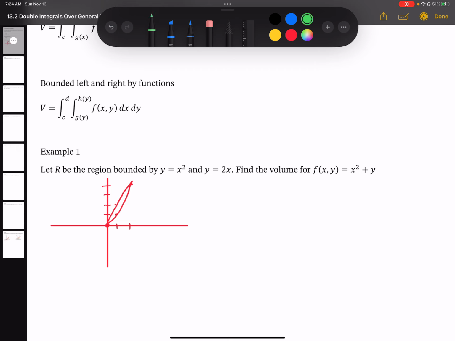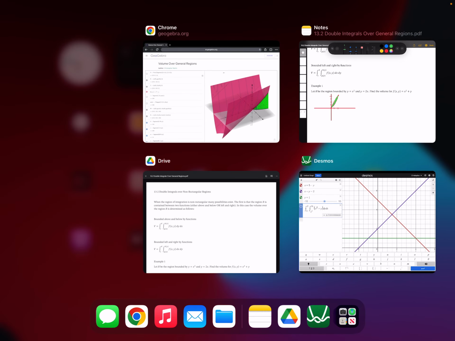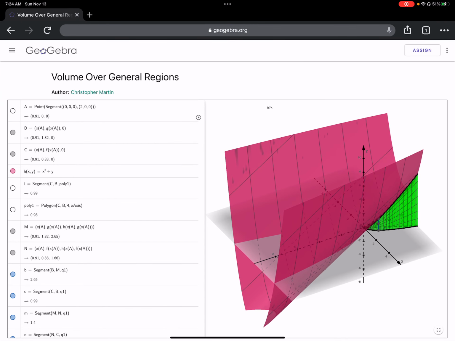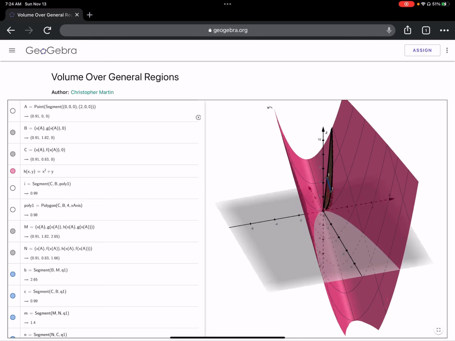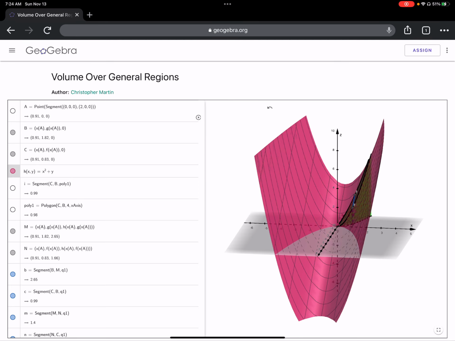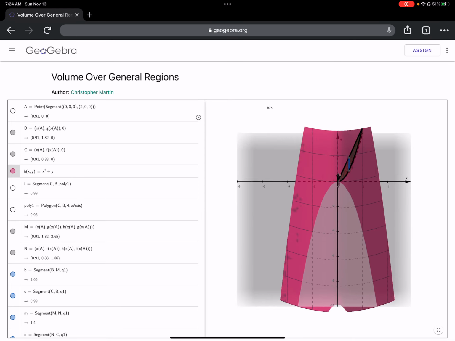So now imagine that we gave this region a height above the xy plane. Whatever we would get bounded between that, that's our volume. So I made this in GeoGebra. All right, so when we look at the function, it's exactly what we just drew.